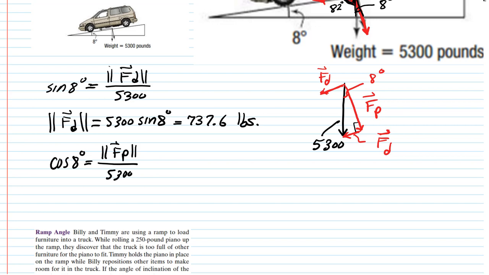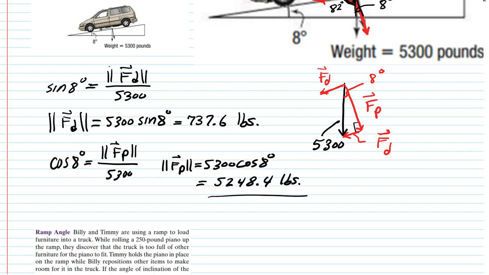And from this we can again cross multiply and get the magnitude of the perpendicular force is 5,300 cosine of 8 degrees. And this number turns out to be 5,248.4 pounds.